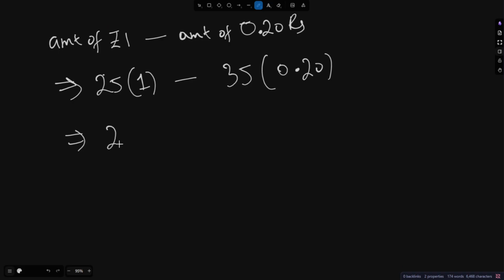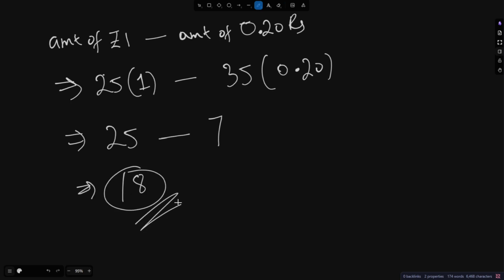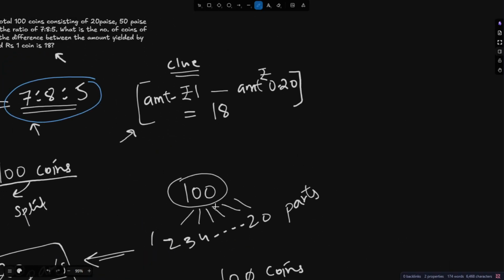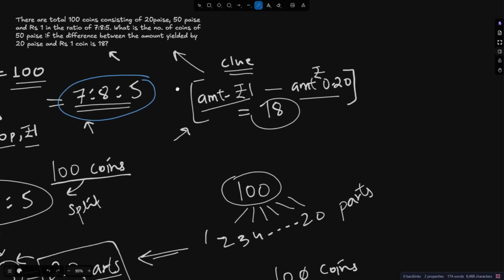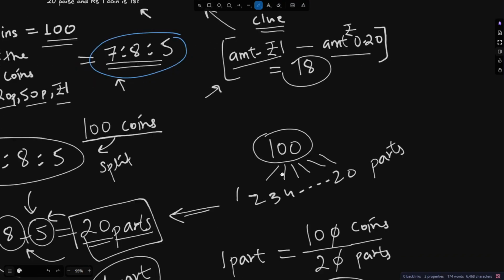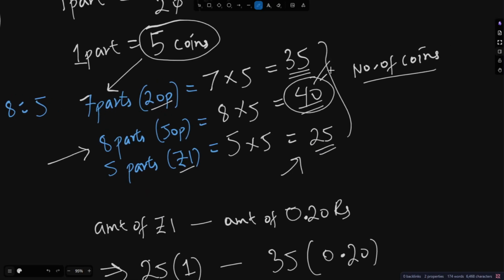Pretty simple calculation. 25 minus 7.0. So that's just 7. And if you subtract this, you're going to get 18. Amount of 1 rupees minus amount of 20 paise is 18, given to us in the question. So now we verified that these numbers are actually correct.